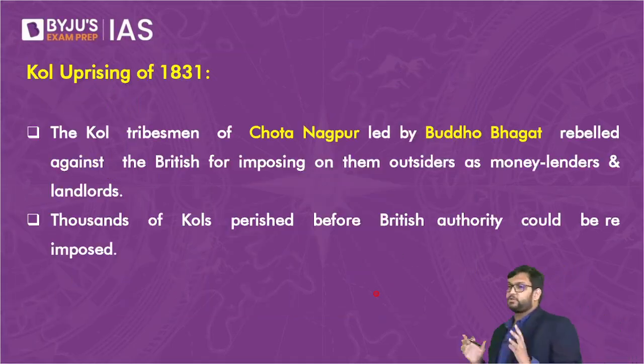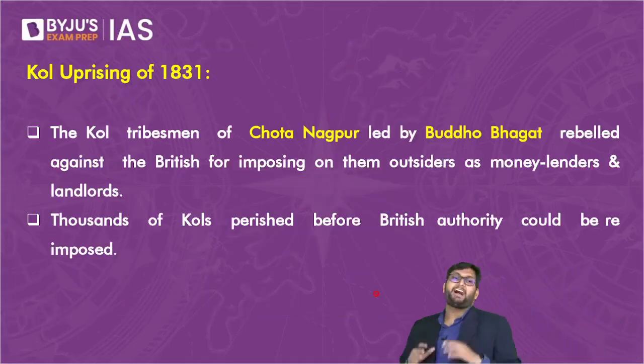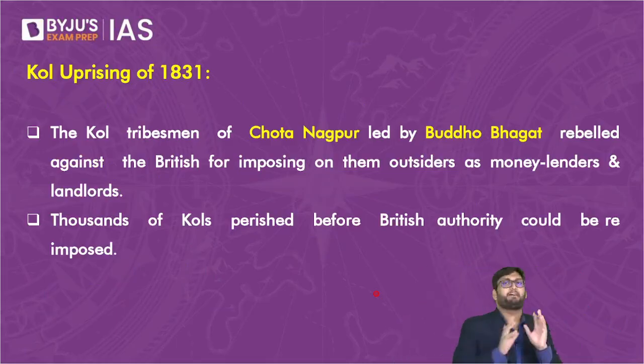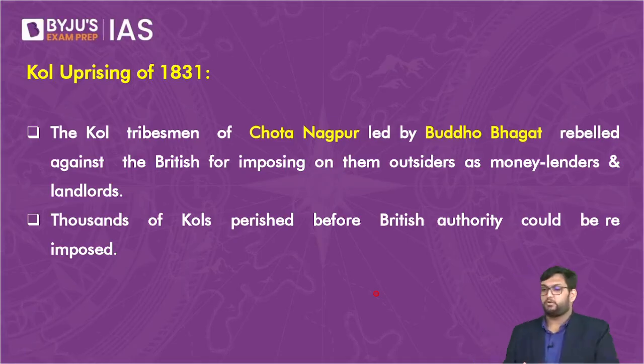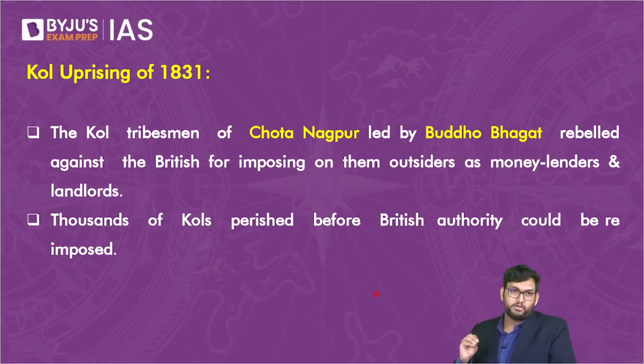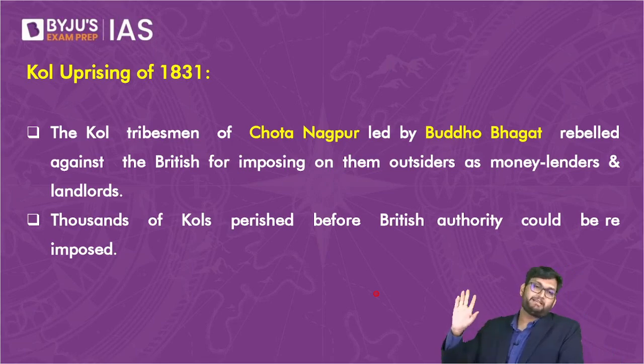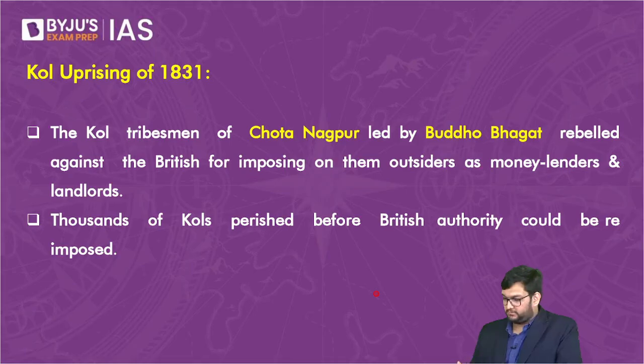My job was to give you a repository. I have given you the repository in one place. Now, you just have to learn it in a systematic manner over the next 1 year. More than that, the ones I am concentrating on are the ones you have to concentrate on generally, which are Kol, Santhal, Munda, the three most important.